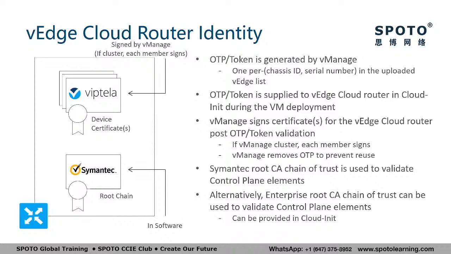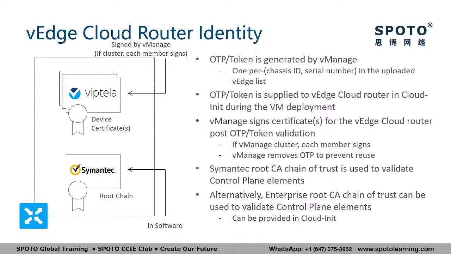vManage signs the certificate for the vEdge cloud router post OTP token validation. If it is a vManage cluster, vEdge Cloud issues a CSR. The certificate is signed individually by each member of the vManage cluster.